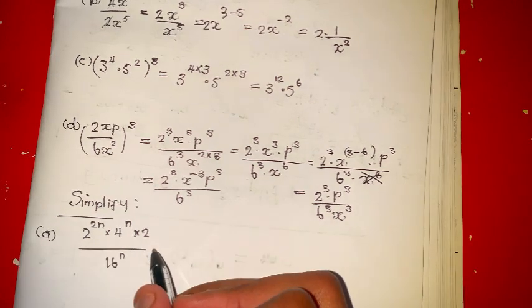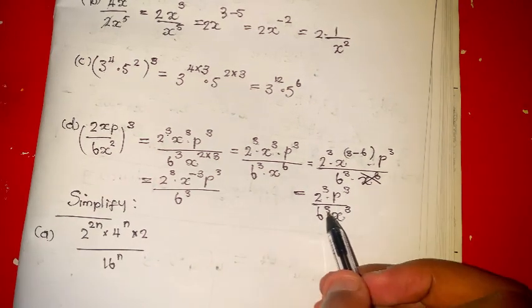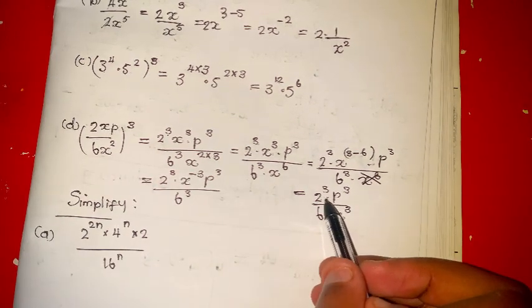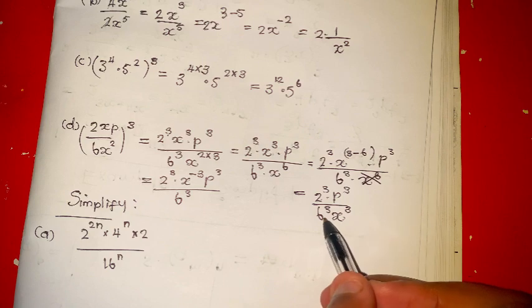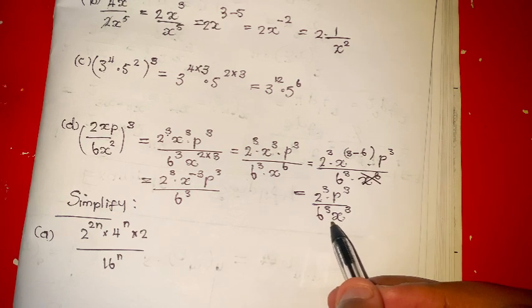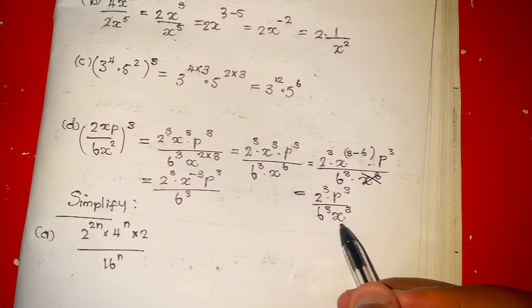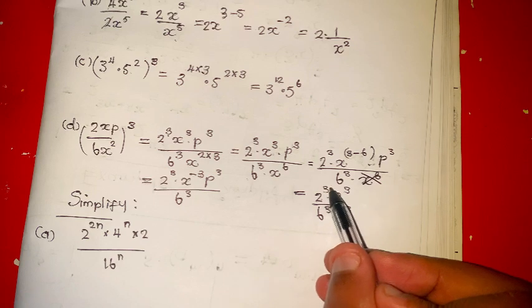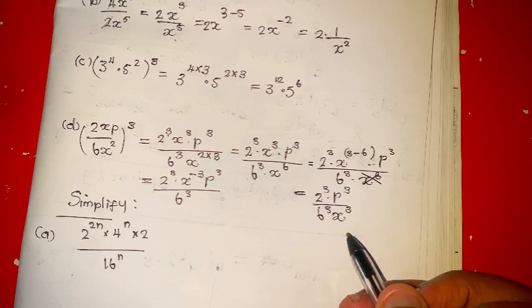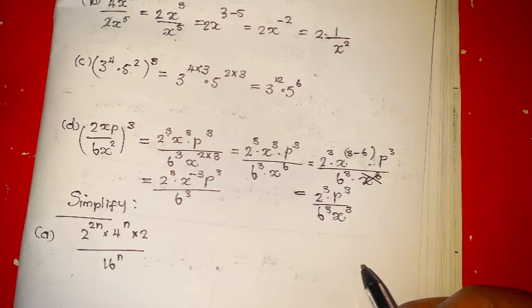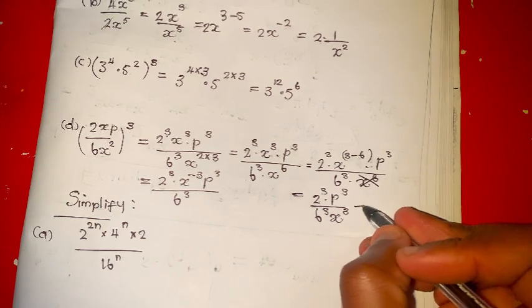So if you want to simplify this, you can say 2 times 2 is 4, 4 times 2 is 8, and then you have 6 times 6 is 36, 36 times 6, and then you can divide 8 over 36 times 6, and once you're done, you will get your simplified answer.